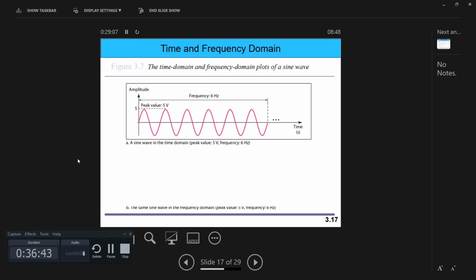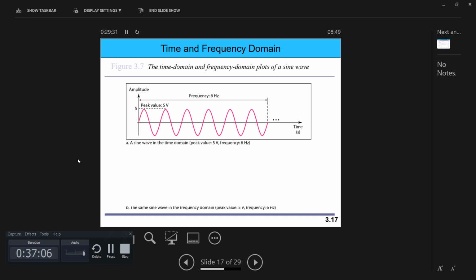Well, after we define the sine wave and different parameters, amplitude, phase, frequency, now I need to represent the signal in time and in the frequency domain. So for a signal like this, a simple sine wave with amplitude 5 volt, frequency 6 periods in 1 second, so the frequency is 6 hertz. This is in time.